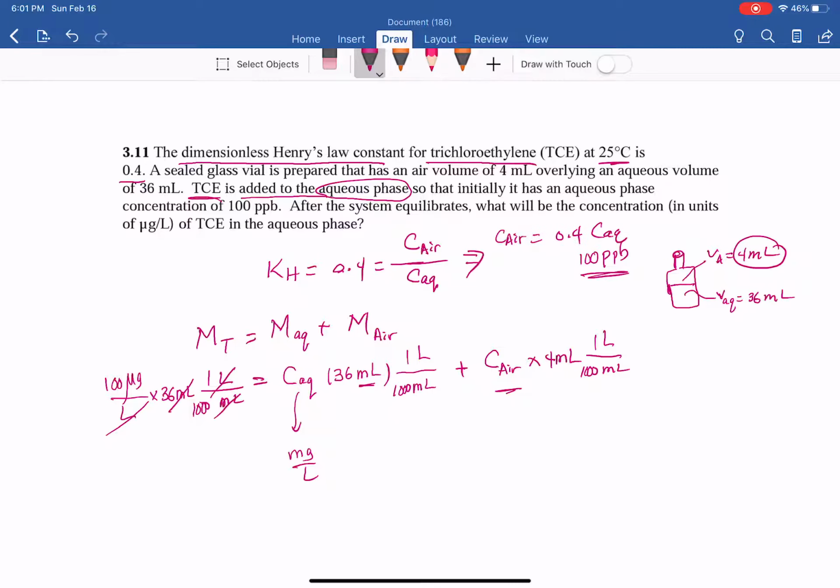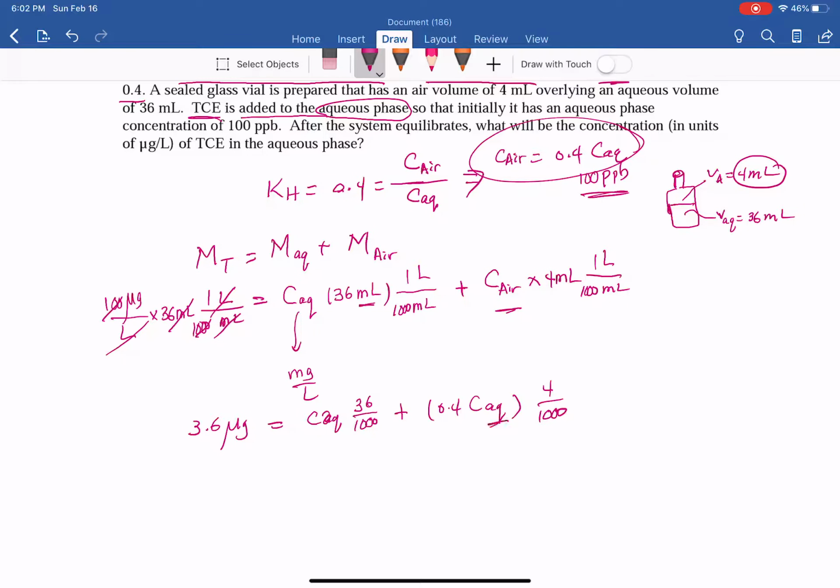So now we'll do it like this. This is 100 divided by this, so 3.6 micrograms is equal to C aqueous times 36 over 1,000, plus C air. We'll do it like this, 0.4 C aqueous, okay, 0.4 times C aqueous times 4 over 1,000.